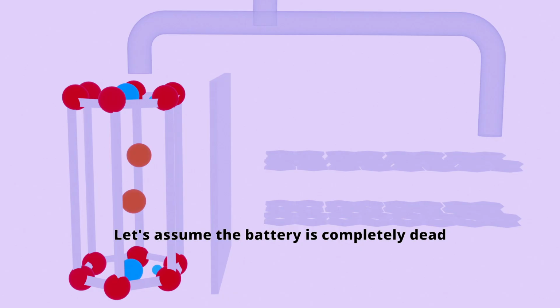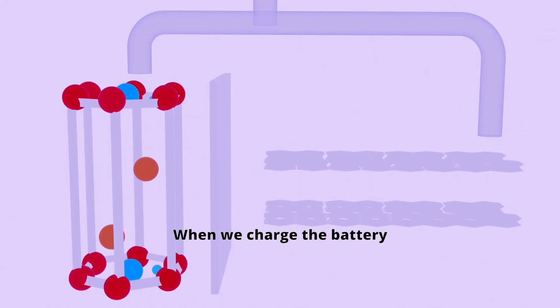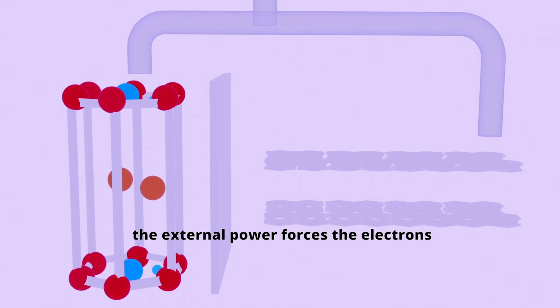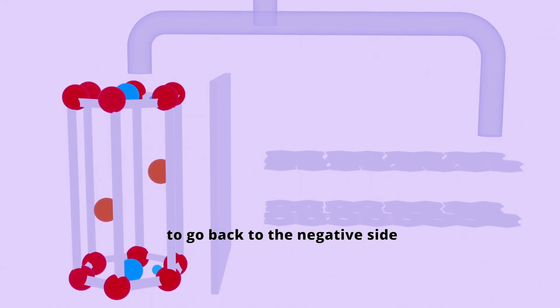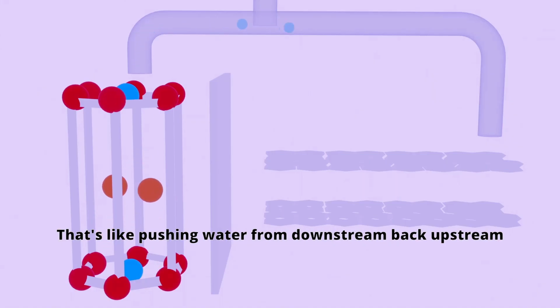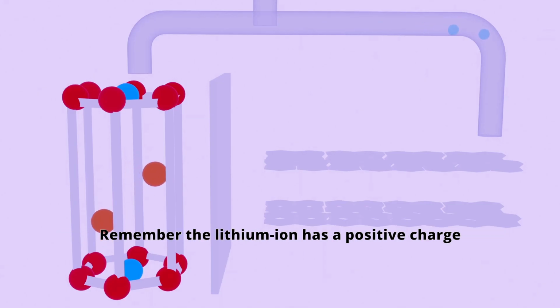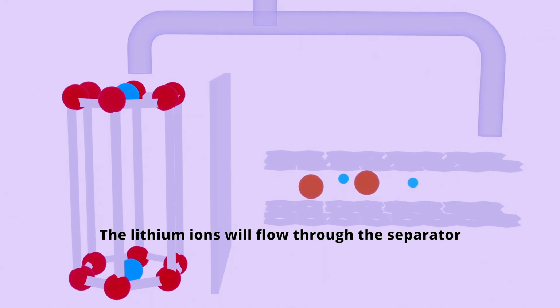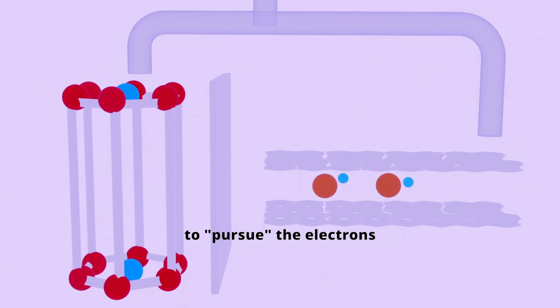The negative electrode, contrary to common sense, sends electrons to the positive electrode while in use. Let's assume the battery is completely dead. When we charge the battery, the external power forces the electrons to go back to the negative side, by creating a higher voltage than the battery. That's like pushing water from downstream back upstream. Remember the lithium ion has a positive charge? The lithium ions will flow through the separator to pursue the electrons.